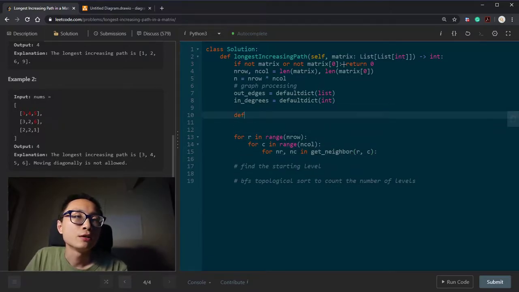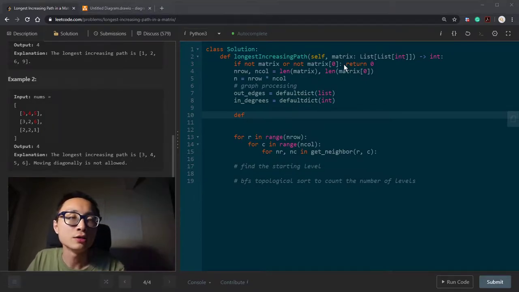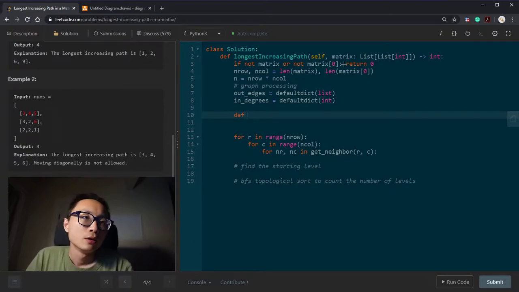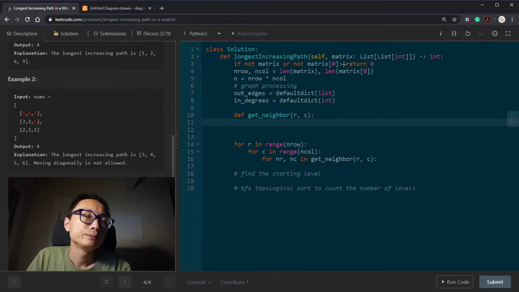We'll write a really simple helper function to do this, to avoid too much indentation. We consider all the 4 directional moves. That's one row above us, one row below us, the same row but one column towards the left, or the same row one column towards the right.